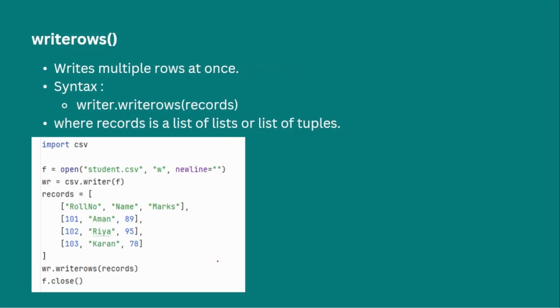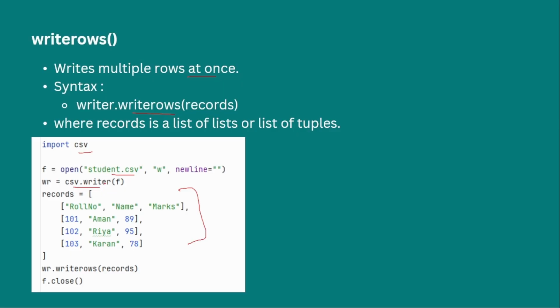Then we have writerows. It writes multiple rows at once. So we have the syntax writer.writerows(records), where records is a list of tuples. Here it is a list of lists in this example. We import csv, then open this student.csv file in write mode, newline equals this, and then we have csv.writer(f).